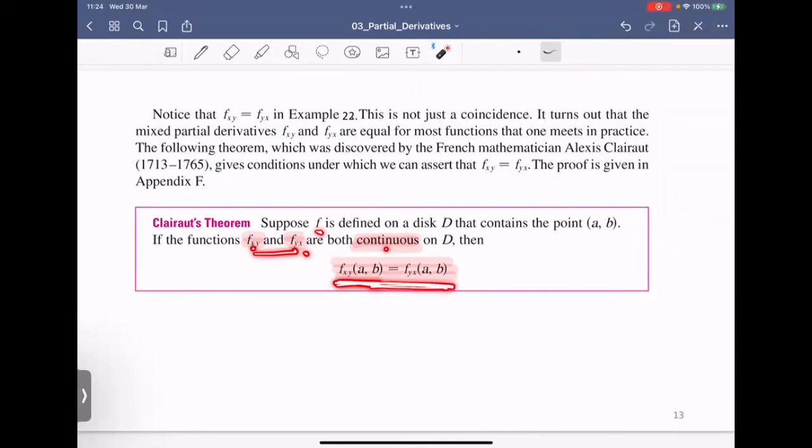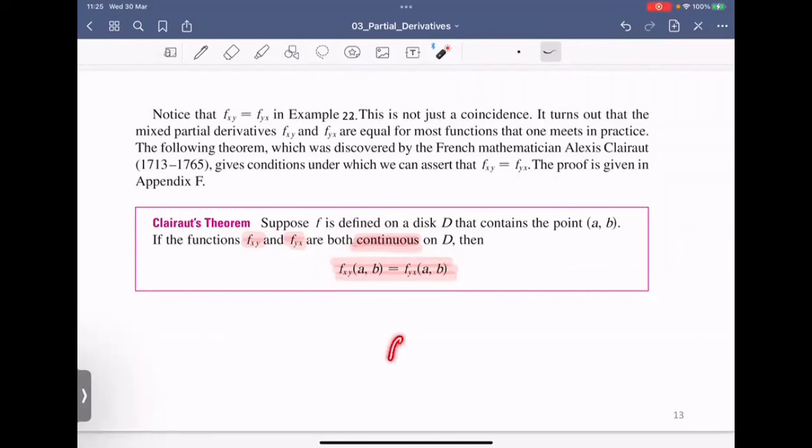The functions that we learned in class, polynomial, trigonometric, logarithm, exponential functions, are all continuous, which means this always holds for the functions that we learn in class. Does it make sense? Anything that you see beforehand from Cal 1 is continuous, which means this is going to be fine.